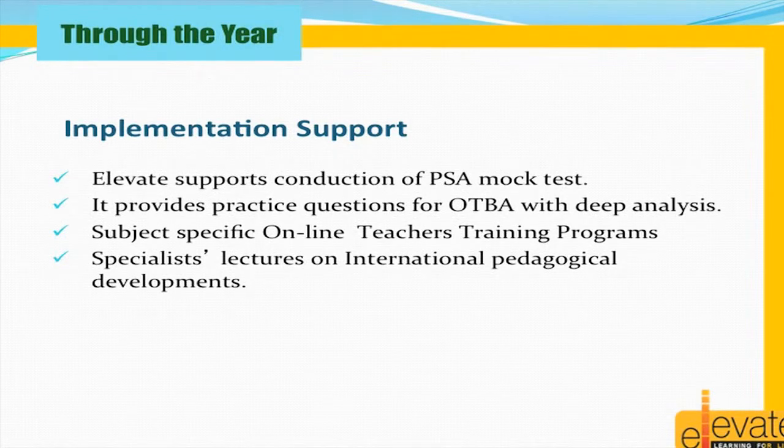Then we have conducted some online teachers training programs, subject specific. We are going to start it in a big way. Specialist lectures on international pedagogical developments would also be delivered online to your school.